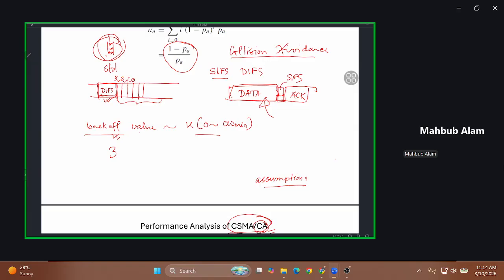When the backoff value becomes 0, the station transmits. Even though two or more stations are waiting simultaneously, they will choose different values, and the probability is lower that they will start their transmission simultaneously. That's how they avoid the collision.